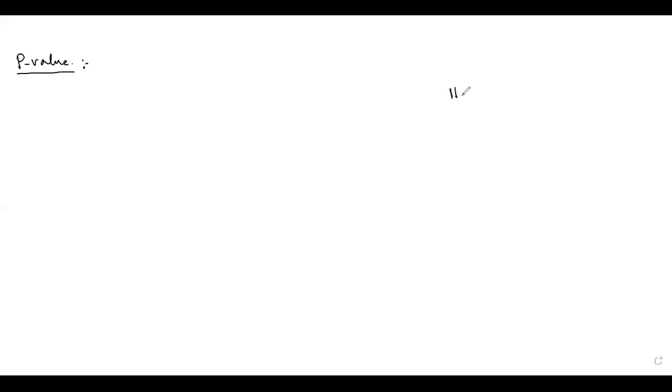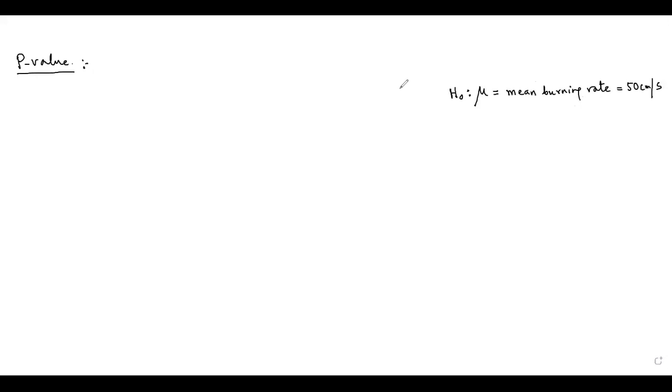So what we do, we set up the null hypothesis, and quickly I am writing that if we consider the mean burning rate of the propellant to be denoted by mu, then H0 is mu equal to 50 cm per second, according to the conditions given in the problem.